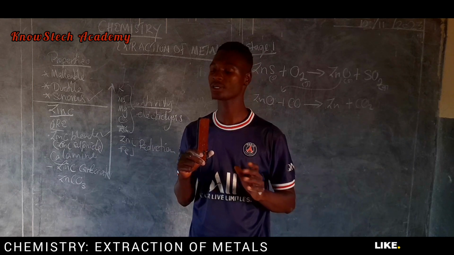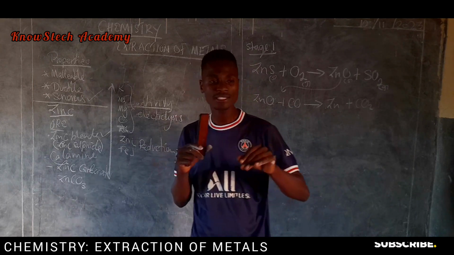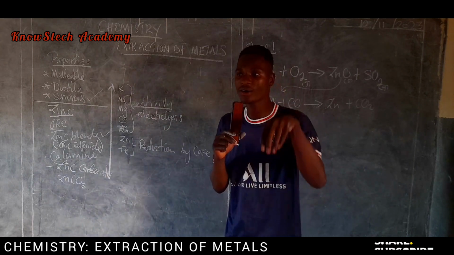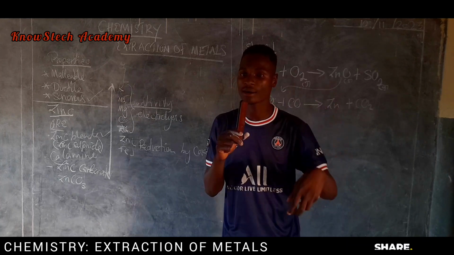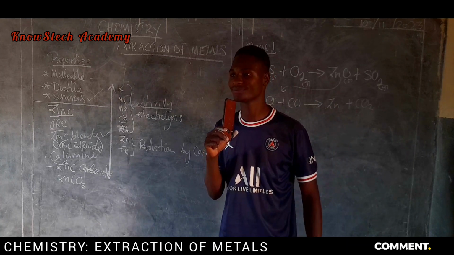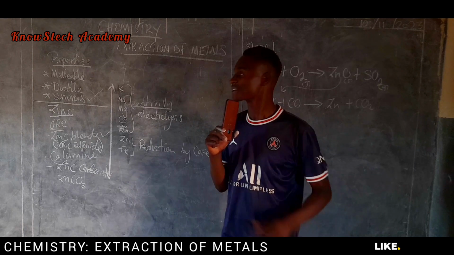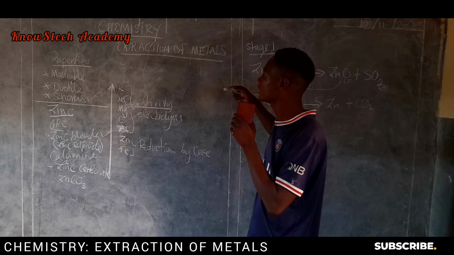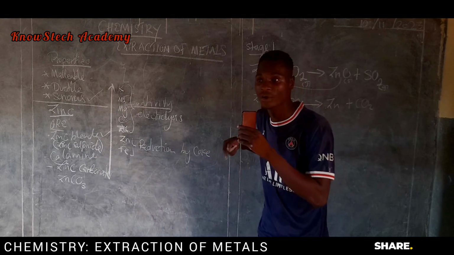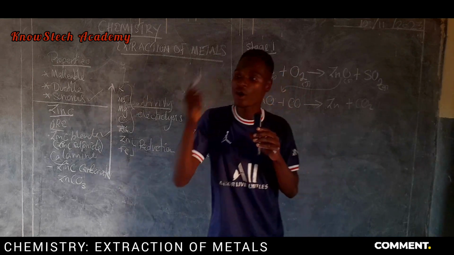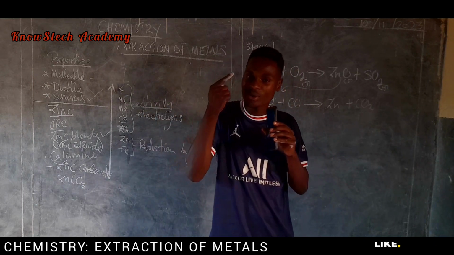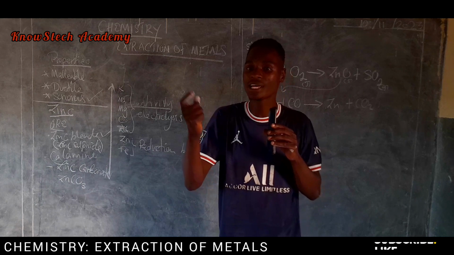When someone is burning material. Yes, it's a reducing agent. Now, where does it come from? Remember, the method is reduction by coke. So remember, coke reacts with oxygen to form carbon dioxide.